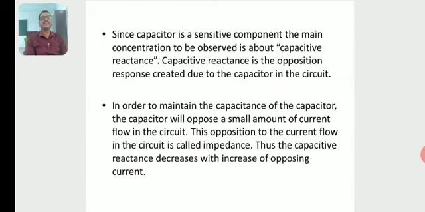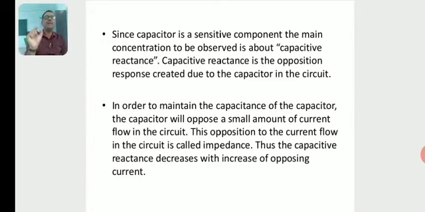Capacitive reactance is the opposition created by the capacitor in the circuit. It is the amount of opposition offered by the capacitor to the flow of alternating current. It is just like a resistance.